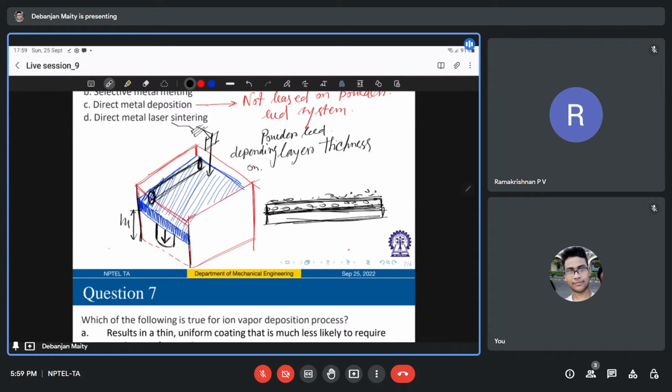But because of this heat generation, the lower layer also gets affected. So it's like remelting and resolidification. And whenever there is remelting and resolidification, you have residual stress all over the material, and because of that residual stress, some kind of fracture can occur.